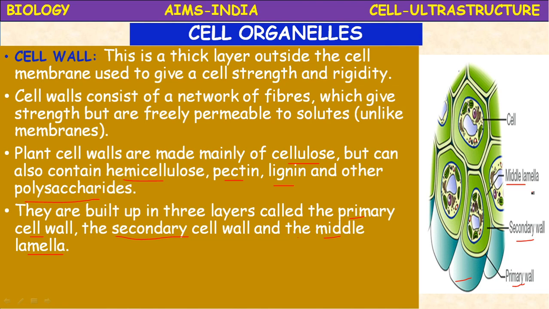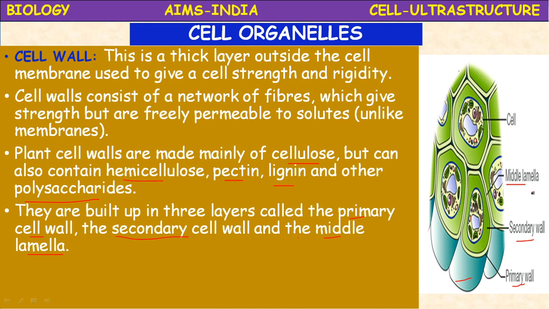That's the reason why a plant cell placed in water remains the same, no change occurs. But if an animal cell is placed in water, because of the absence of the cell wall, it bulges, absorbs water, and finally bursts.